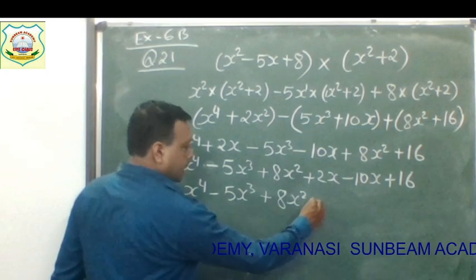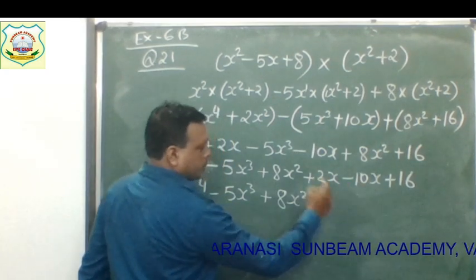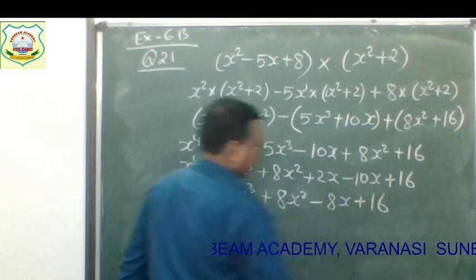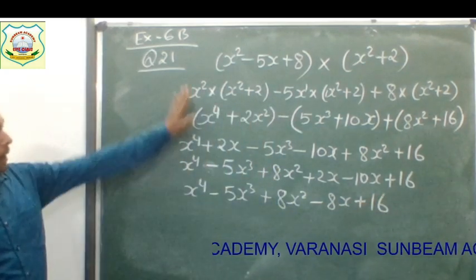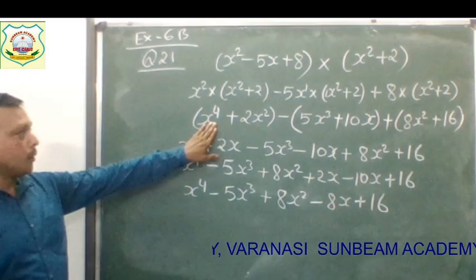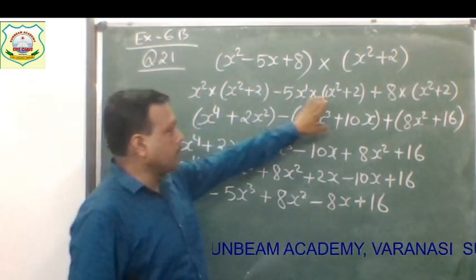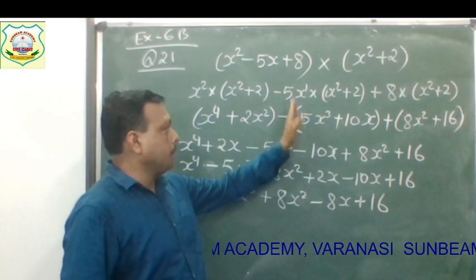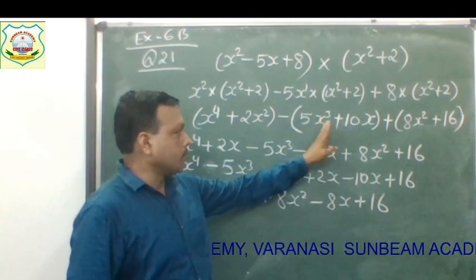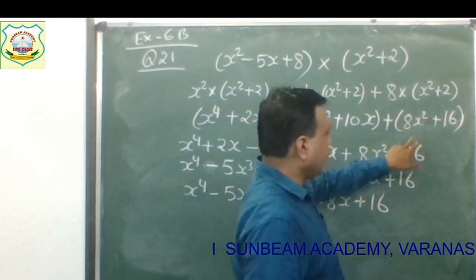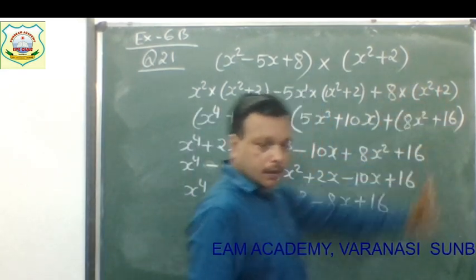So what we will write? Minus 10 minus 2, that is minus 8x plus 16. Again students, x square into x square, x power 4, plus 2 into x square, 2x square, minus 5x into x square, 5 into 1, that is 5, x power 1, x power 2, x power 3, plus 5 into 2, 10x, 8 into x square, 8x square, plus 8 into 2, 16.